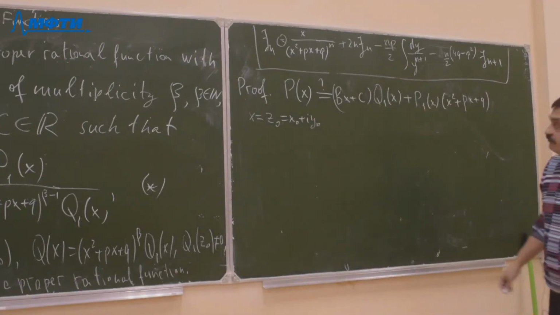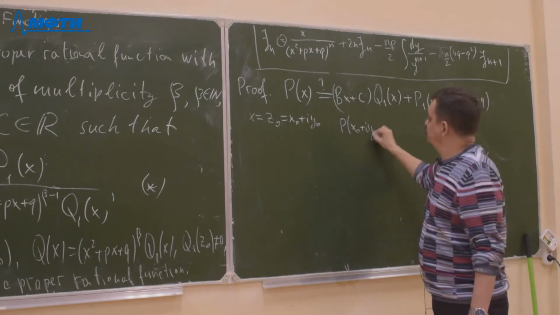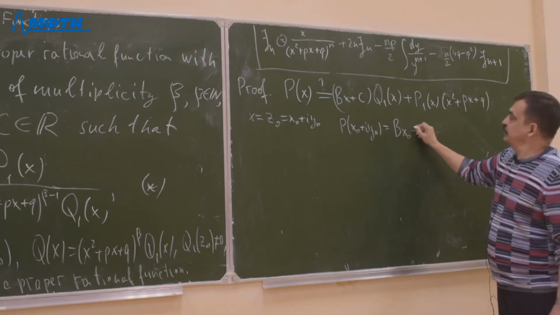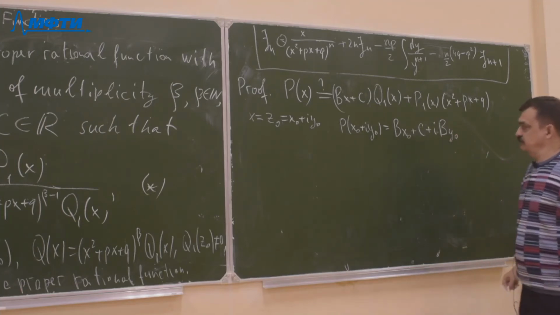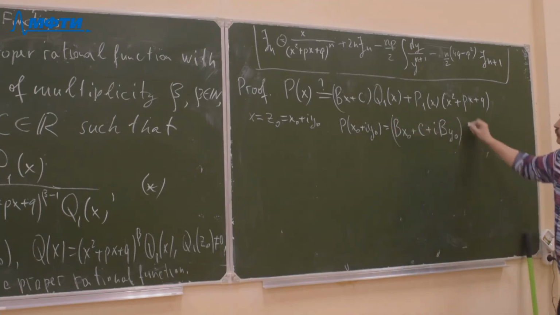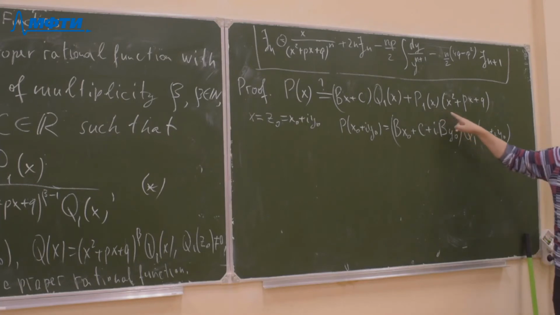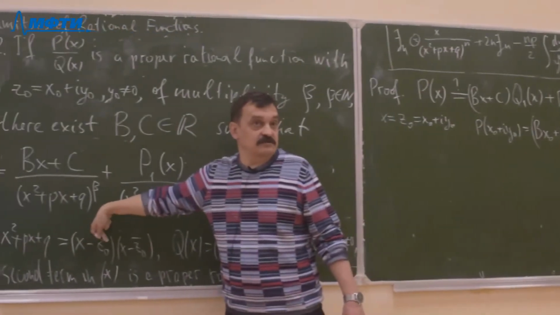So what we have, p of x naught plus I y naught equals to b times x naught plus c plus I times b times y naught times q1 of x naught plus I y naught. And x squared plus px plus q equals to 0, right? Because if you substitute x equals to z naught, it's 0.